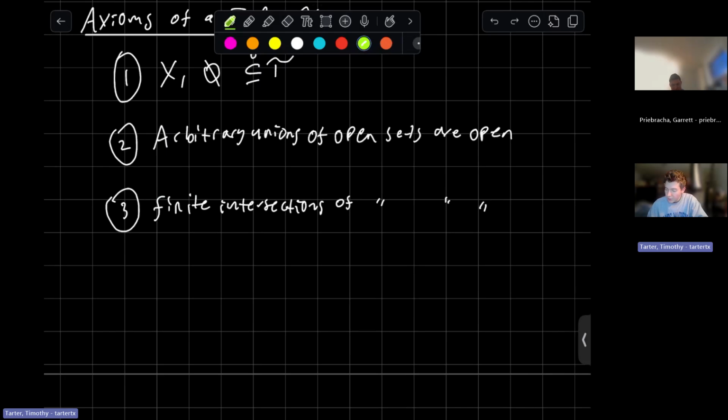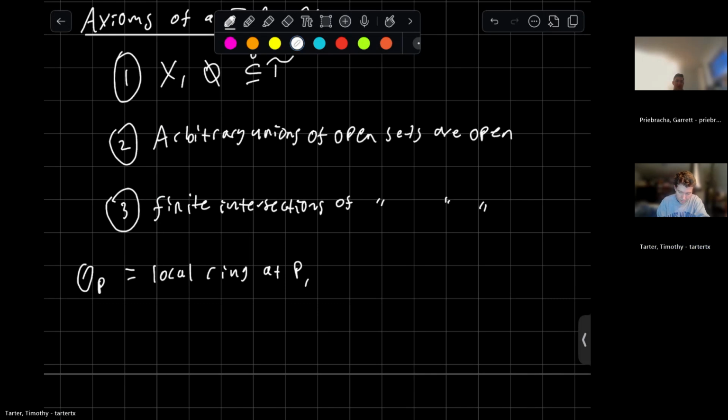So in other words, two functions that are the same in an open neighborhood of P have the same germ. We call the set of germs the stalk at P, and it looks an awful lot like the local ring at P, because of course it is. So this is the local ring at P. How are we denoting it?